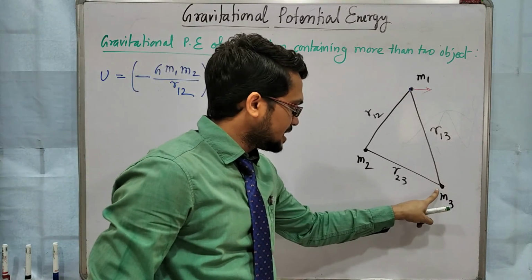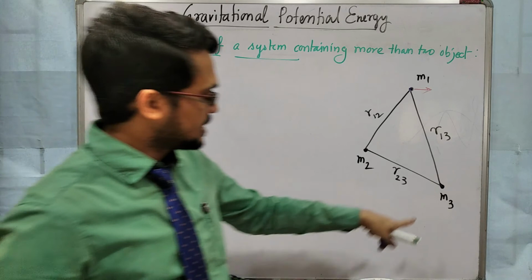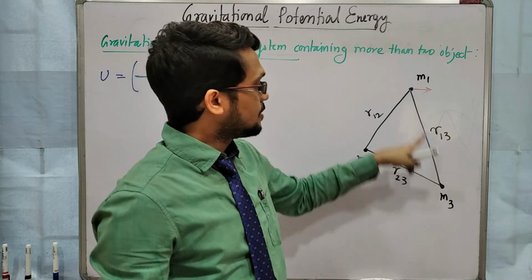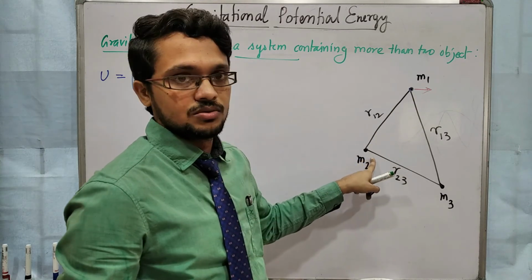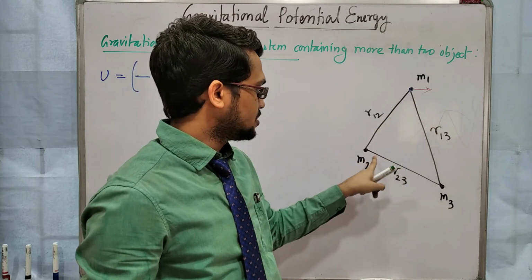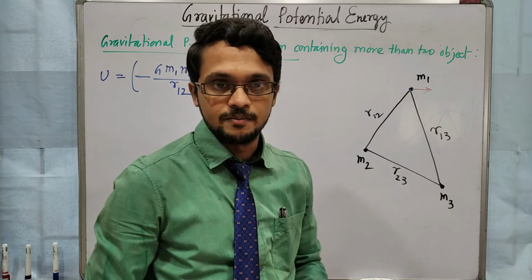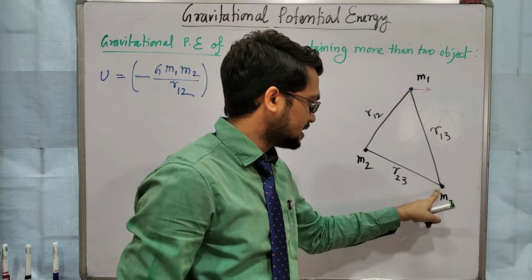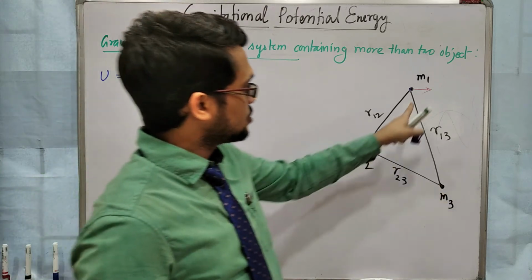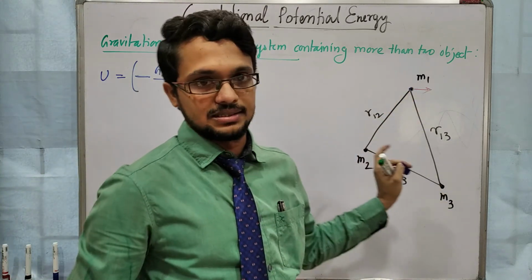Now we are bringing m3. Look, when m3 is brought from infinity, it comes into the gravitational field of both m1 and m2. It is entering the gravitational field of m1, and also of m2. So for this mass m3, we will get the potential energy due to these two masses.